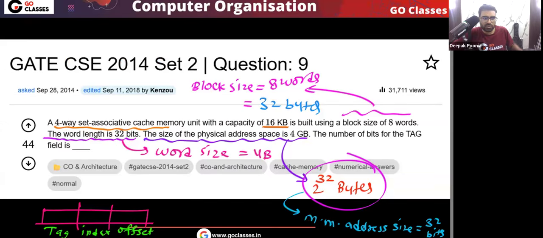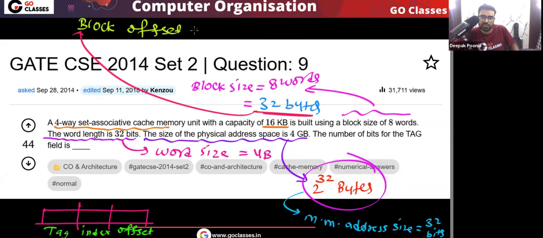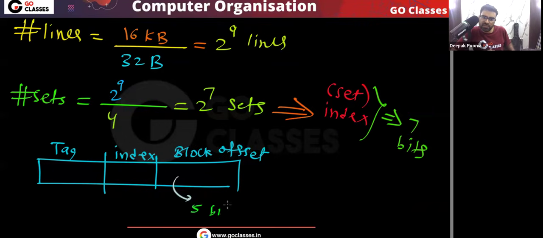You can see the block size is 32 bytes, so for block offset we need 5 bits. In one block there are 2 power 5 bytes, so to address one of these bytes we need 5 bits.